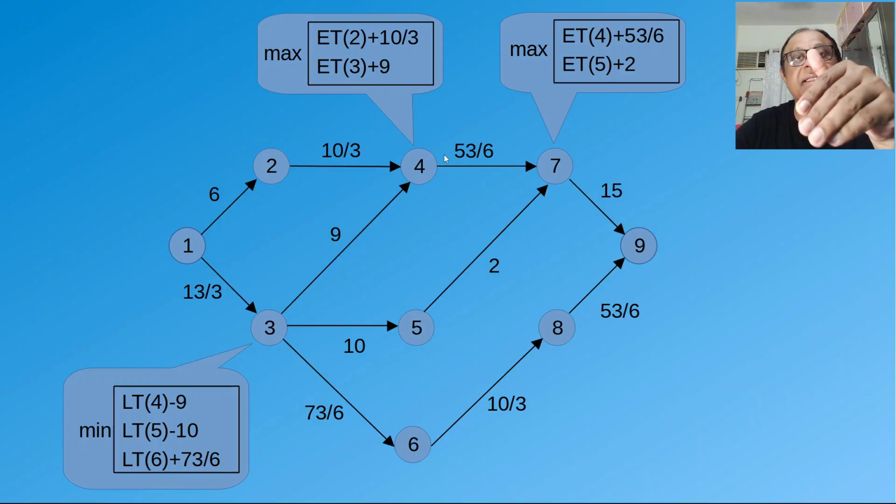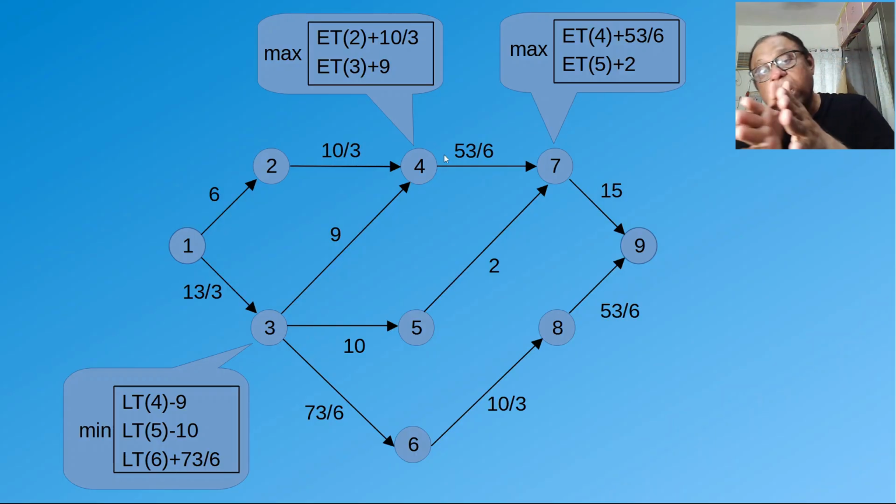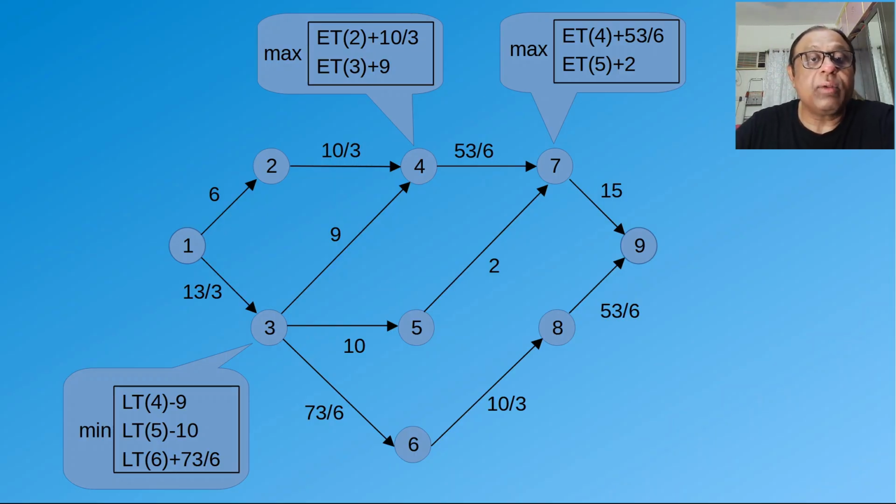That is the earliest from node 4 that we can proceed for all other activities. Let me make myself very clear: from node 4, what is the earliest we can proceed towards going to node 7? Now that we are coming from 2 to 4 and 3 to 4, there are 2 activities coming to node 4.